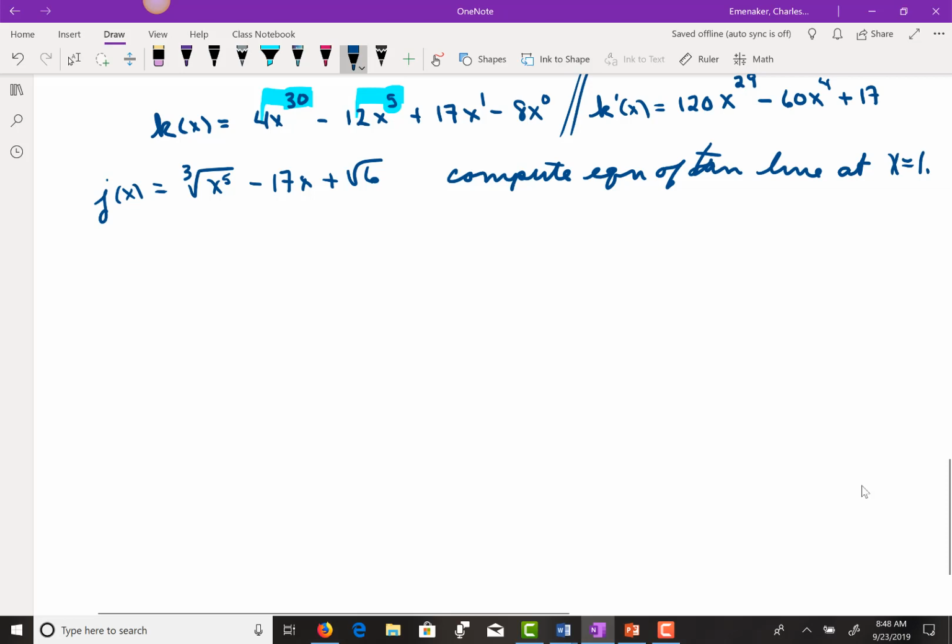Well, to compute the equation of the tangent line, the first thing you have to compute is, and it begins with an S, L, O, the slope. You got it.